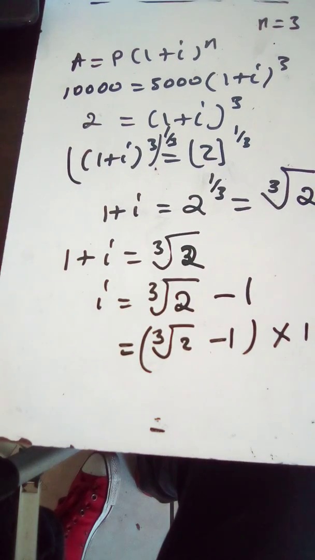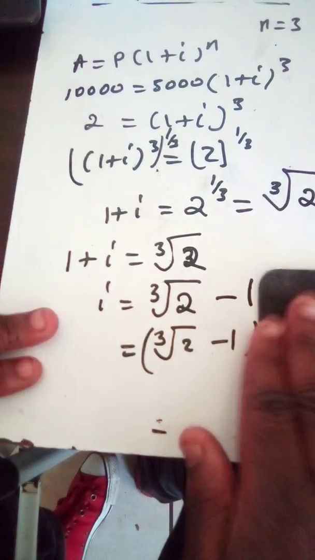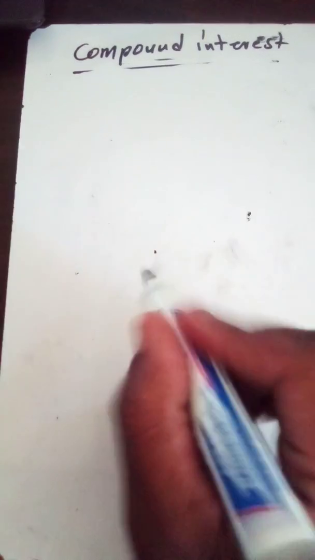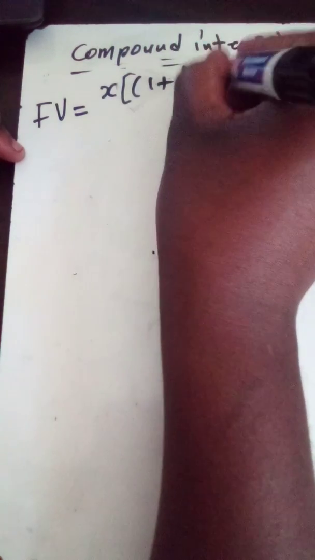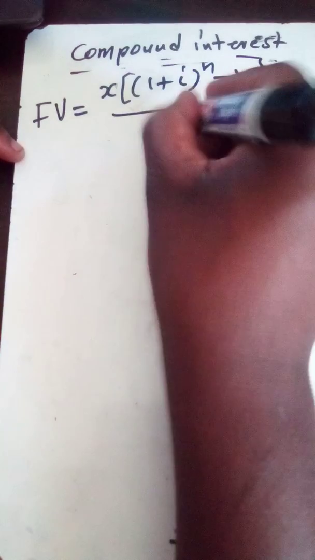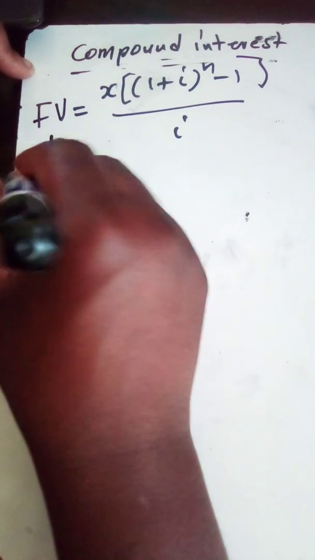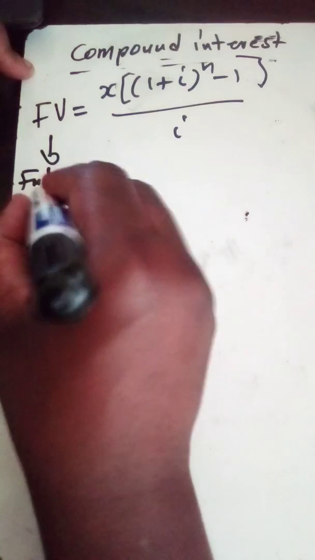Now, before I go far, let me give you the most important formulas. We have two formulas that you need to know, about future value and present value. I will start with the future value: x in brackets 1 plus I to the power n minus 1, over I. This one is for future value.